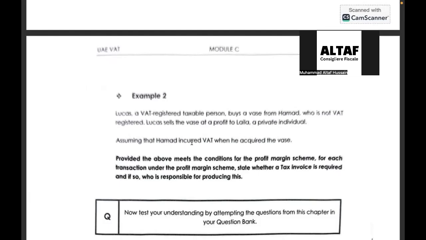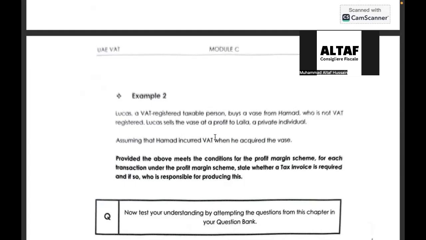Assuming that Hamad incurred VAT when he acquired the vase, and provided the above meets the conditions for the profit margin scheme, for each transaction under the profit margin scheme, state whether a tax invoice is required, and if so, who is responsible for producing it.